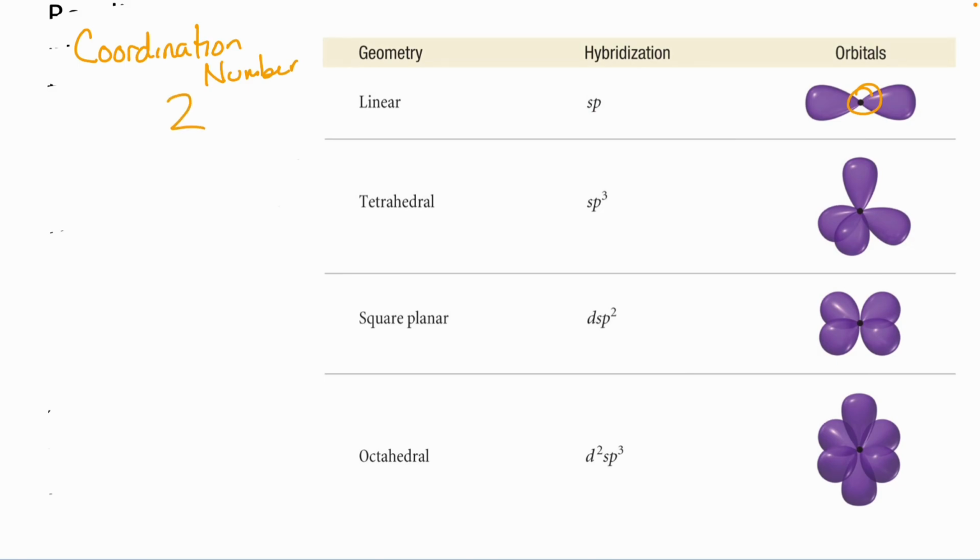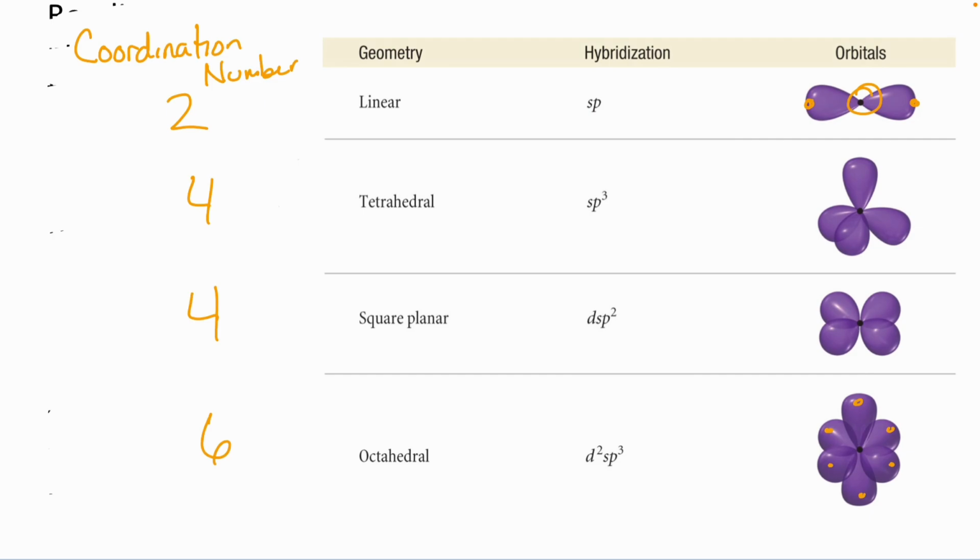Just 2, right? One over here, one over here. What about tetrahedral? How many ligands? 4. And actually the same thing with square planar. We'll learn how to distinguish between these two in a bit. But an octahedral, despite the name octa, is 1, 2, 3, 4, 5, 6 ligands. So a coordination number of 6 would correspond to which geometry? Our octahedral.